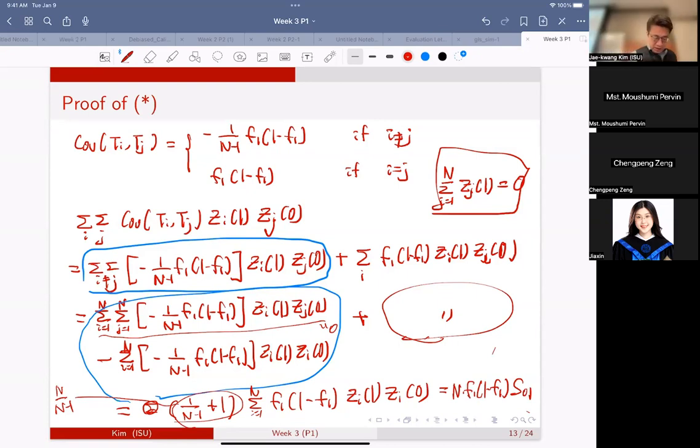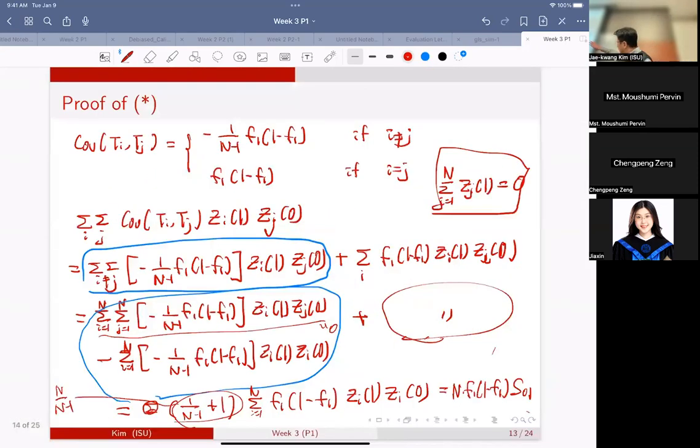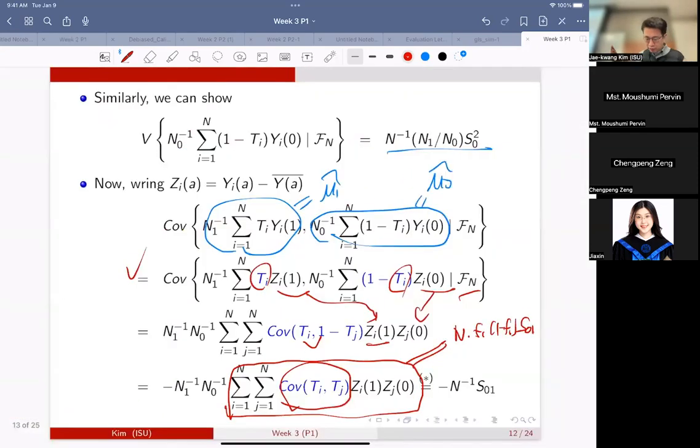Okay. So basically what I have just shown here is that this whole thing is equal to n times f1(1) minus f1(S01). So I have just proved this equality.